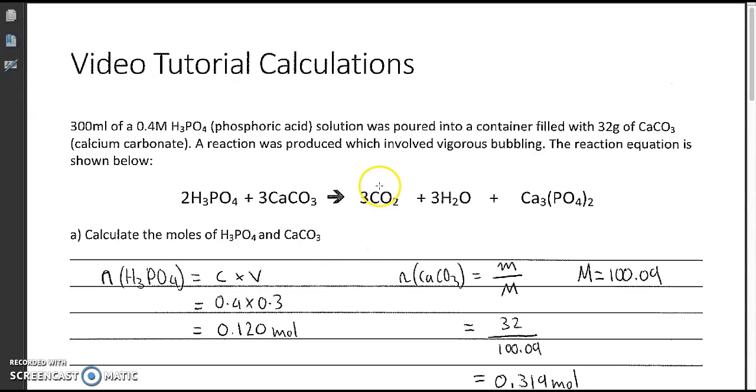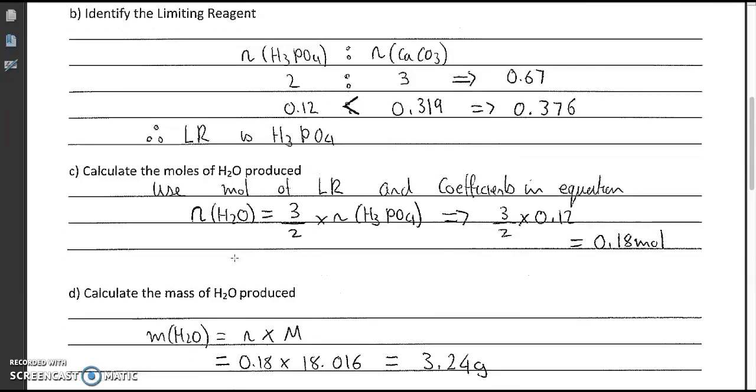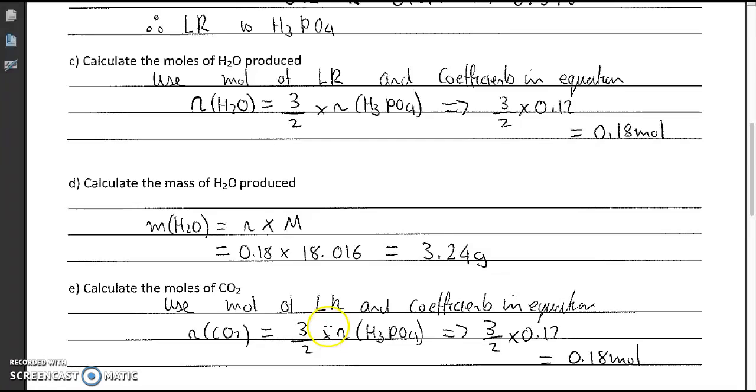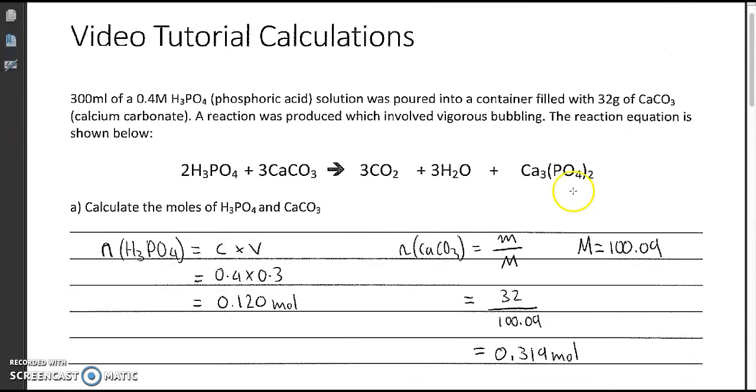So the relationship is 3 carbon dioxides to every 2 phosphoric acid, and we can express that as 3/2 multiplied by the moles of phosphoric acid. 3/2 times 0.12 equals 0.18 moles again. It's the exact same calculation as this. The reason it's the same calculation is because these have the same reaction coefficients, and we're comparing it to the same substance, which has obviously the same reaction coefficient.